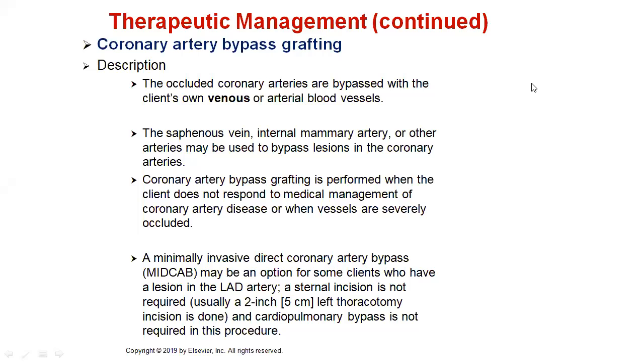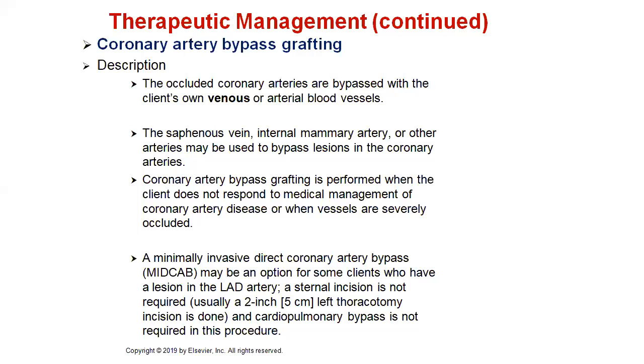Now coronary artery bypass grafting, shortly called CABG, right? Coronary artery bypass grafting is the surgery to bypass one or more coronary arteries due to blocking or persistent ischemia.